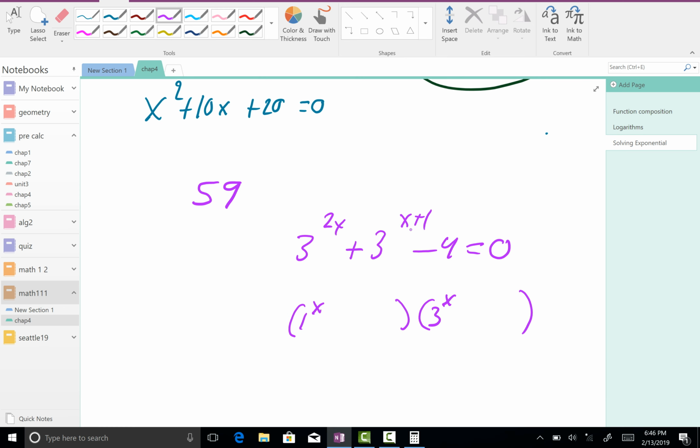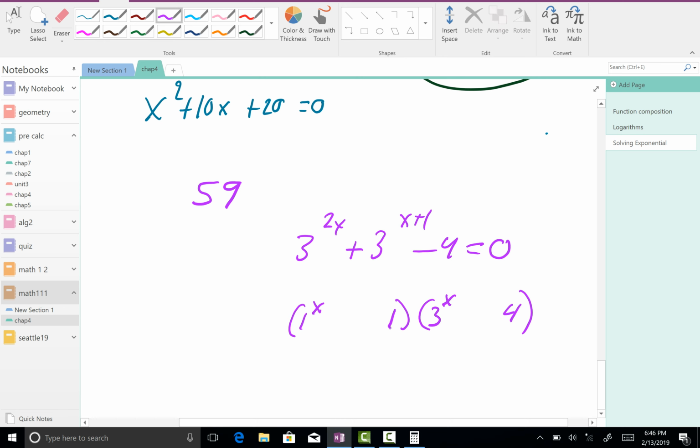I'm looking to see 4. We can either go 2 and 2, will that work? Would I have to do 1 and 4? So that's going to be 6. Yeah, so we have to do 1 and 4, huh? So the 4 is going to go here, right?